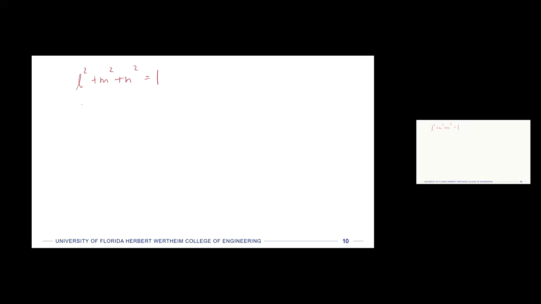And if we know that n1 was 0, and L equals m, right? That's what we got from the prior expressions. Then L equals m equals plus or minus square root of a half. And that's for 1. Okay.